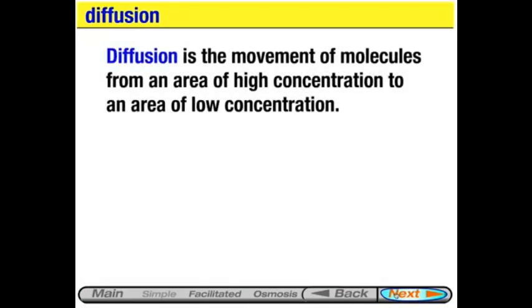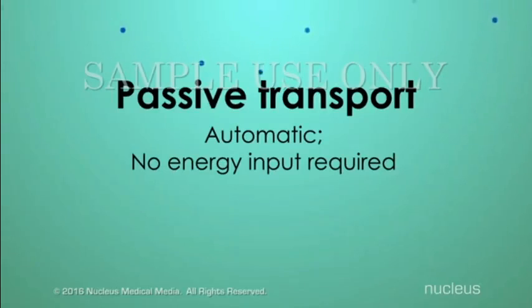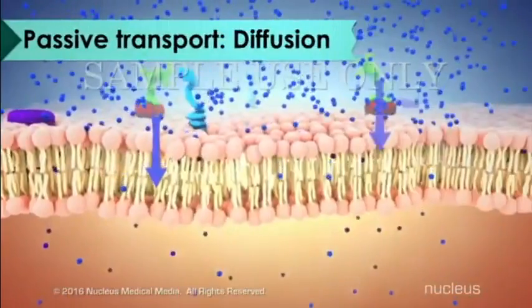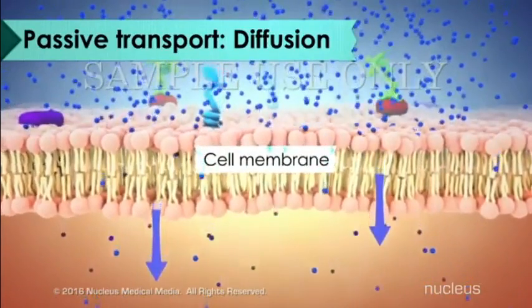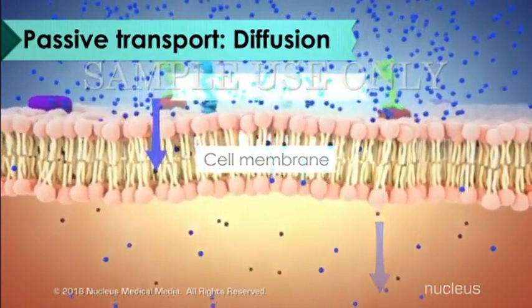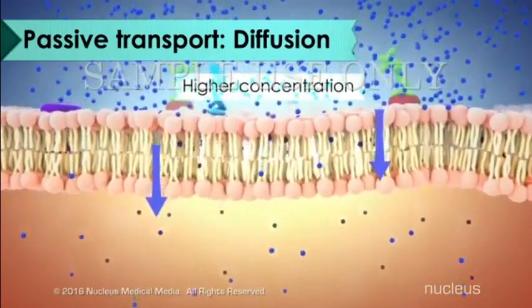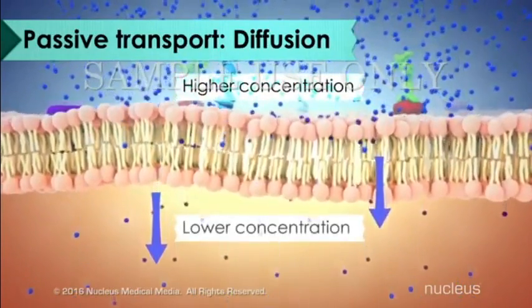Diffusion is the movement of particles down their gradient, from a higher concentration to a lower concentration. Passive transport means it's an automatic process that doesn't require any input of energy. For example, diffusion is a passive process in which particles move either into or out of the cell from an area of higher concentration to an area of lower concentration.